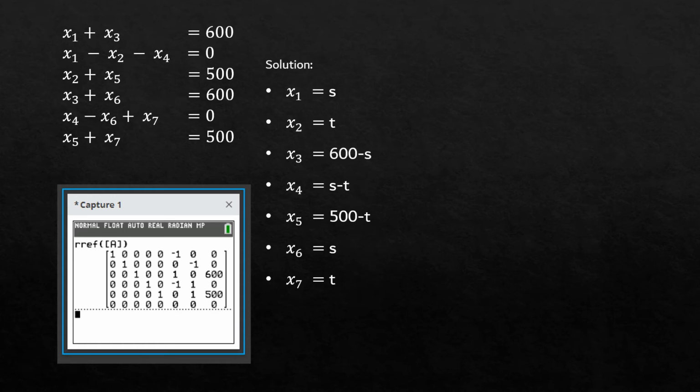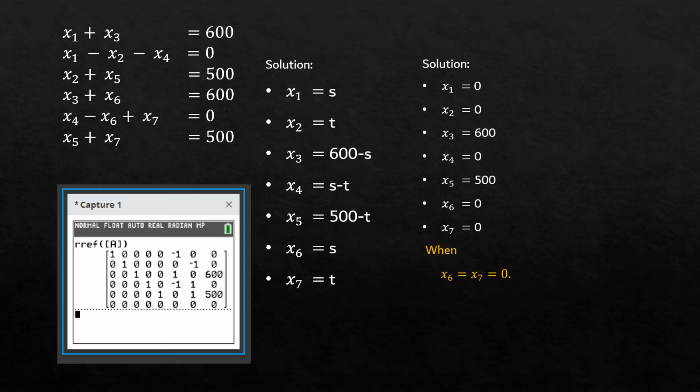Solving this, suppose x6 is s and x7 is t, then you can find the values for x5, x4, and the rest.